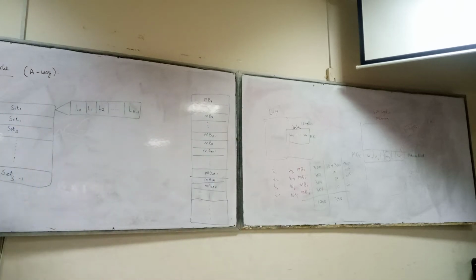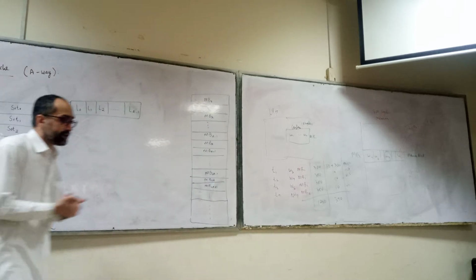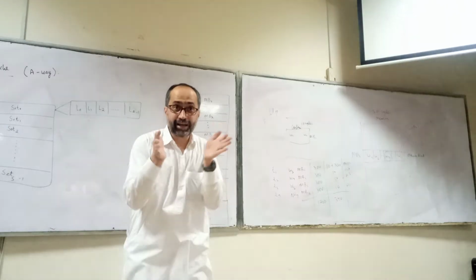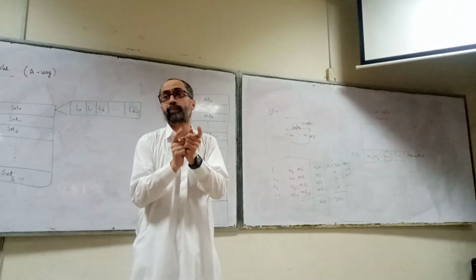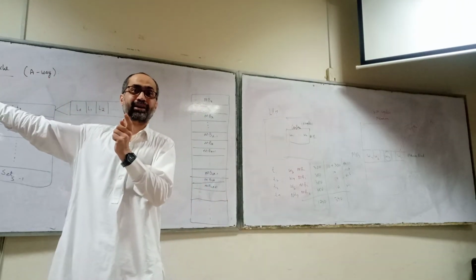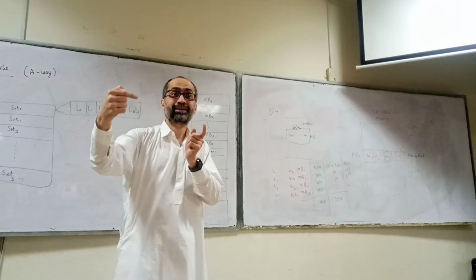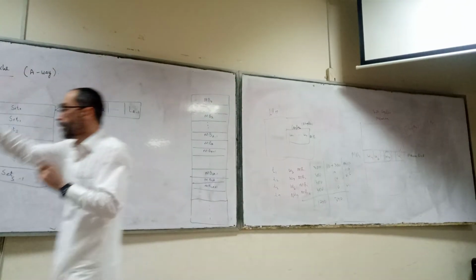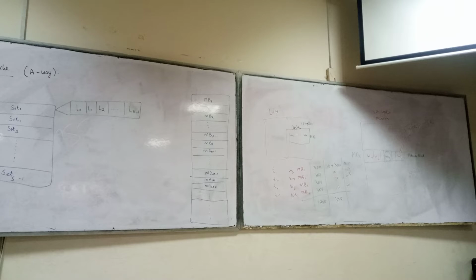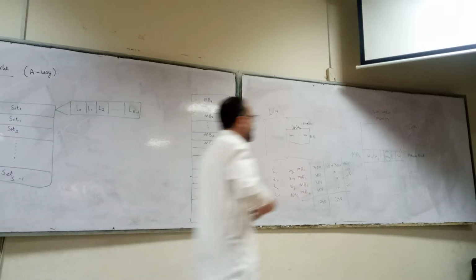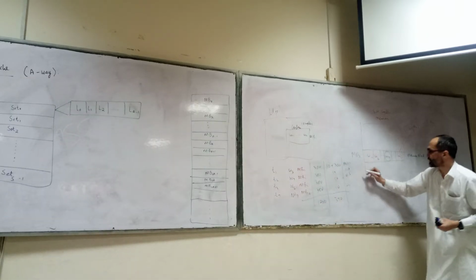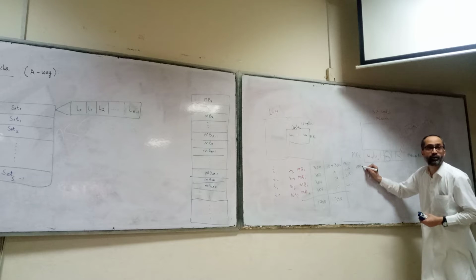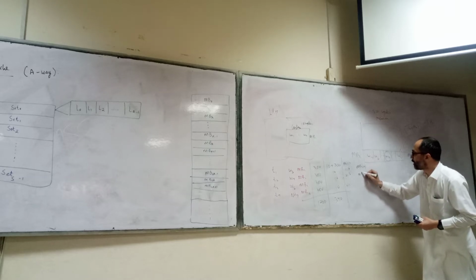I will also give you an example. If it is raining in Islamabad, it is more probable that it will be raining in Rawalpindi, but it is less probable that it will be raining in Peshawar. Now if you look at the memory, we have memory block I, and the adjacent blocks will be memory block I plus 1 and memory block I plus 2.